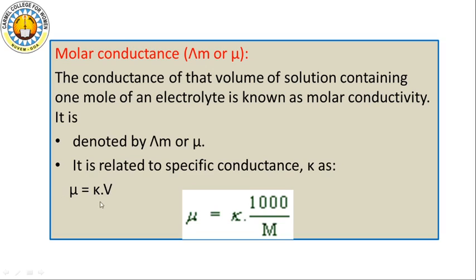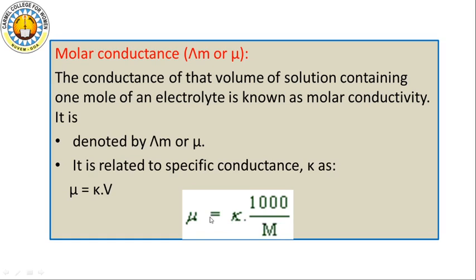The formula is the same, or almost the same, only when we substitute volume. Here the concentration is in terms of molarity, whereas in equivalent conductance it is in terms of gram equivalence.